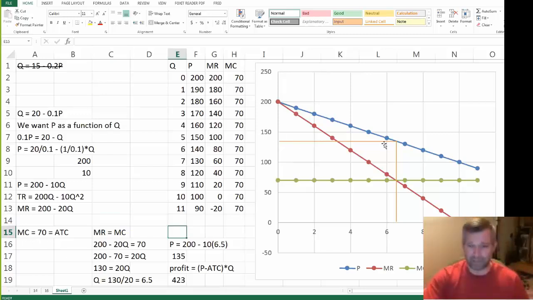The monopoly is able to charge this price of 135, but once these new firms come in, you can expect that the monopoly is not going to be able to continue charging $135 anymore. The price is going to go down, and the question you have to ask yourself is, how far is it going to go down?